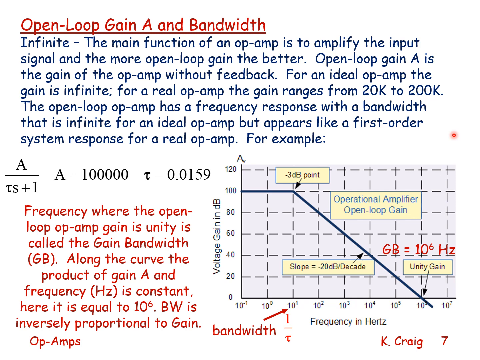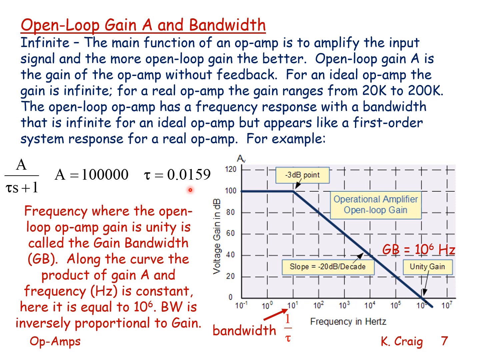The open loop op amp has a frequency response with a bandwidth that is infinite for an ideal op amp, but appears like a first order system response for a real op amp. For example, here is the transfer function for a first order system with a gain of 100,000 and a time constant in seconds of 0.0159.